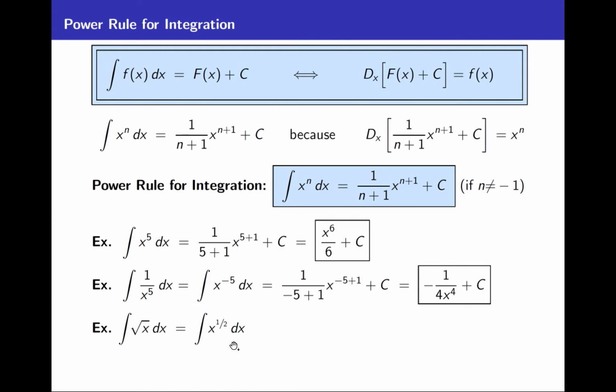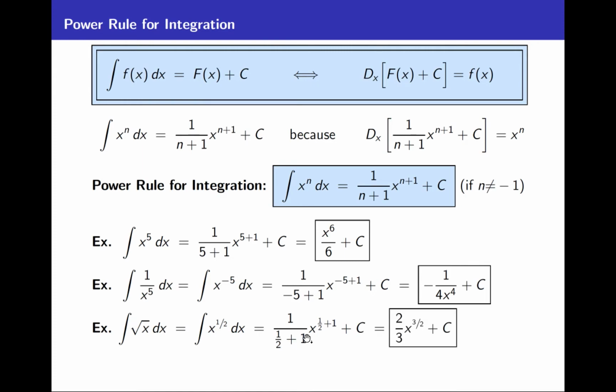For this integral, we can use the power rule because this fits the form of the power rule with n equals 1/2. So according to the power rule, we should get 1 over n plus 1, that's 1 over 1/2 plus 1, times x to the power of 1/2 plus 1 plus c. 1/2 plus 1 is 3/2.